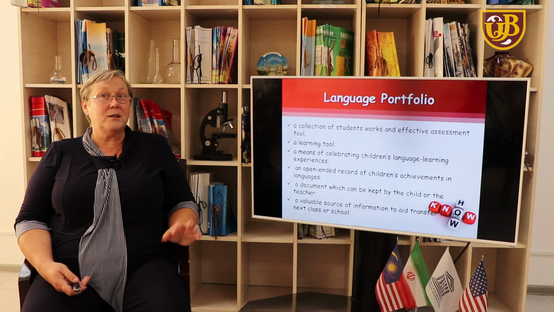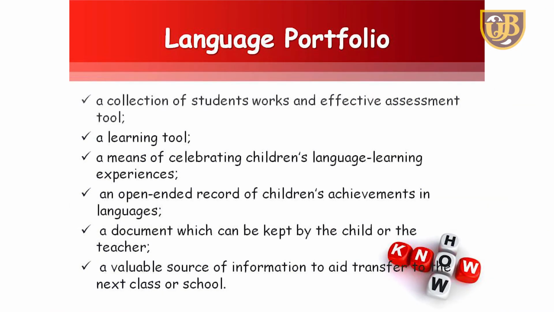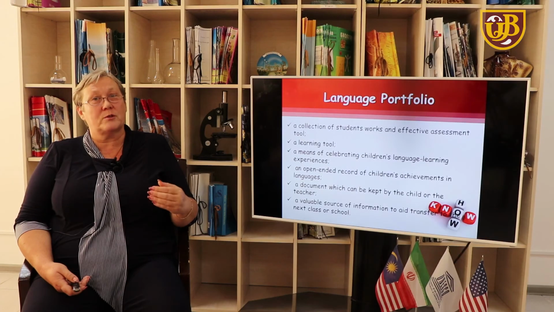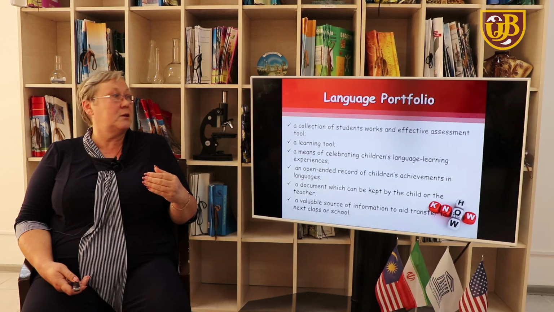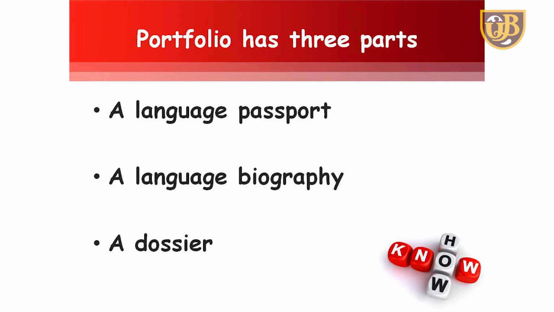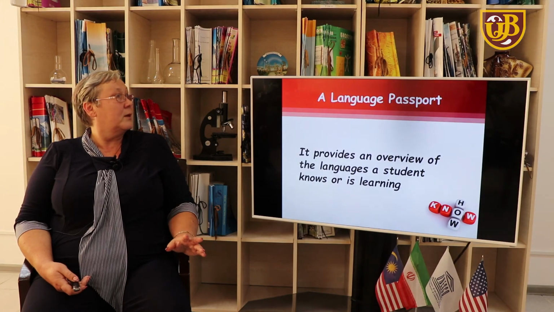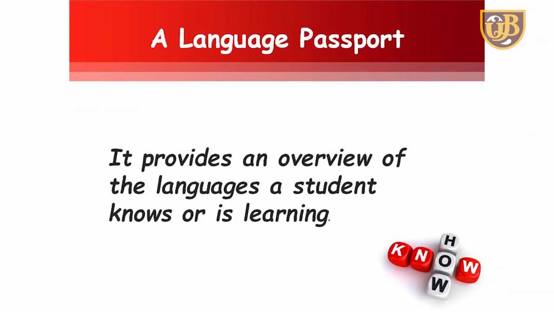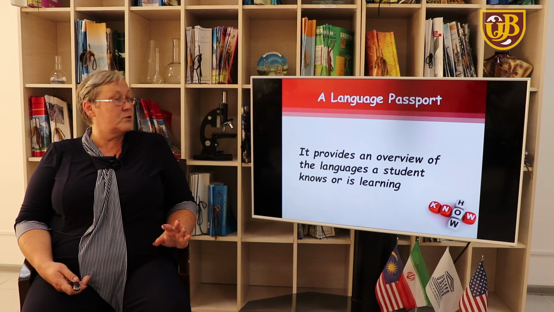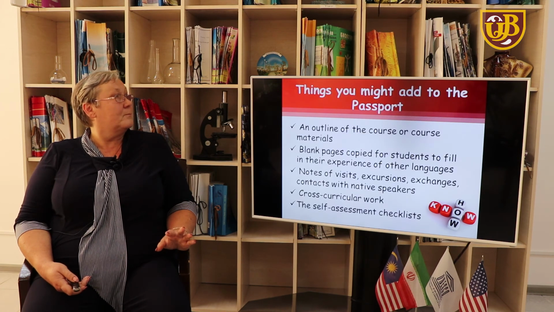Language portfolio. It differs from a portfolio in general because this is a collection of students' works, an effective assessment tool. Using this portfolio, you see the progress of the student in learning a language. A portfolio has three parts: a language passport, a language biography, and a dossier. A language passport provides an overview of the languages a student knows or is learning, an outline of the course or course materials.